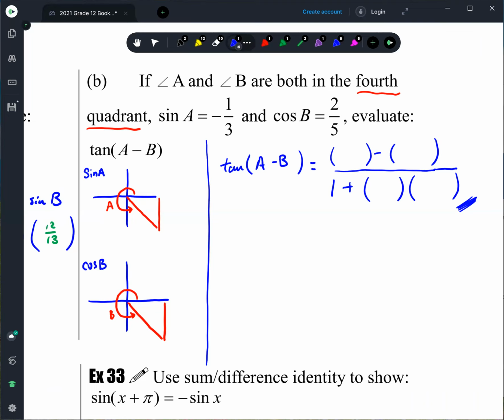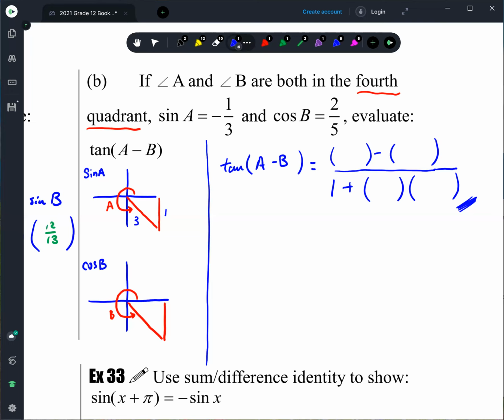Okay, I have the 3 sides. For angle A, how long is the hypotenuse? It's 3. What about opposite? 1. And adjacent?